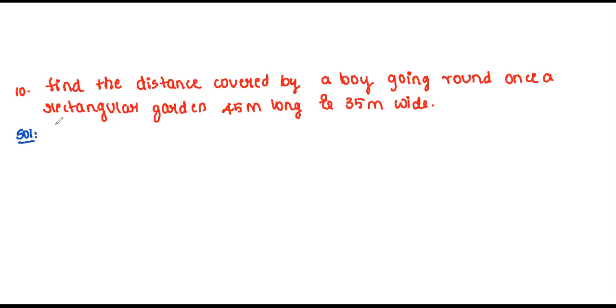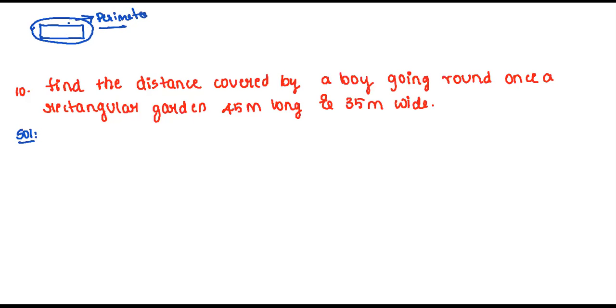The garden is 45-meter long and the breadth is 35-meter. If I draw one rectangular garden, the boy goes around it and completes one round. That is what we call the perimeter. This is how you should understand these questions.